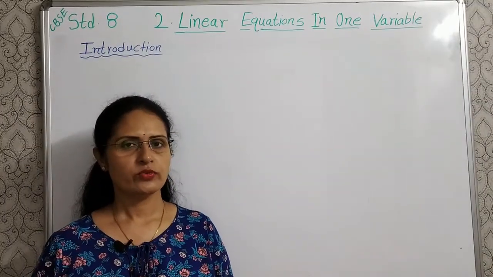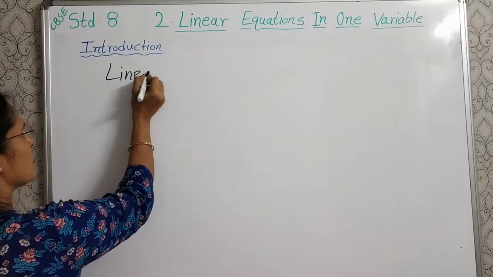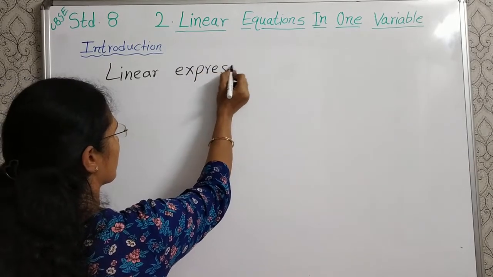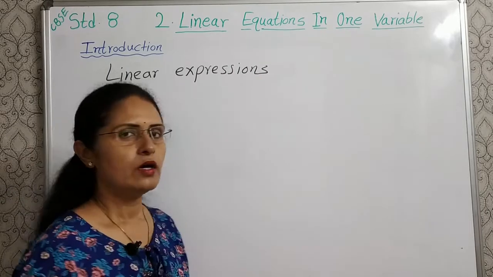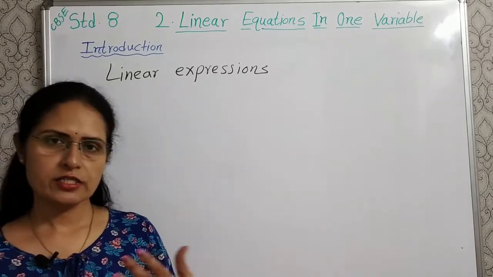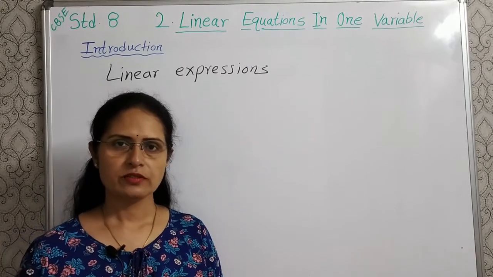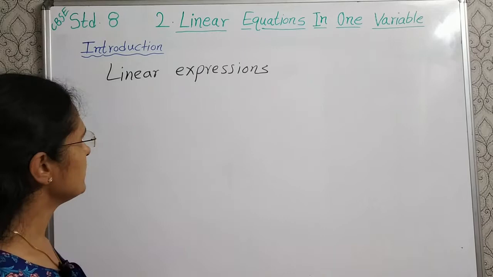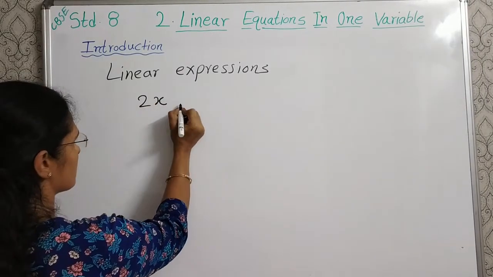Now let us see what is linear expression. Linear expressions. If the highest power of the variable in the expression is 1, then that expression is a linear expression. Let us take example 2x.